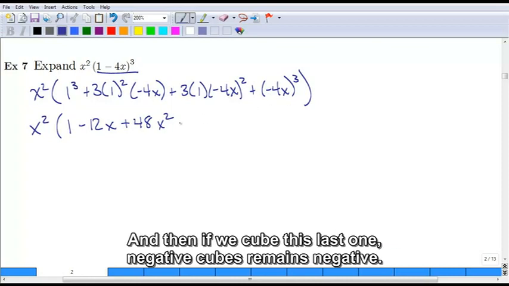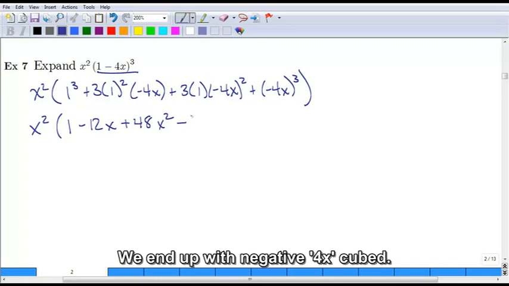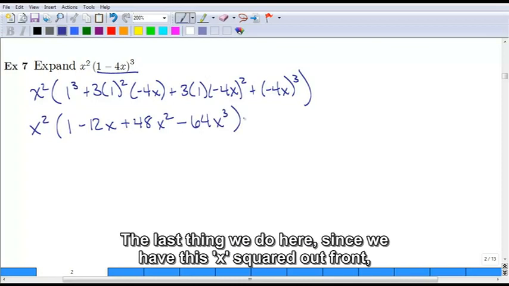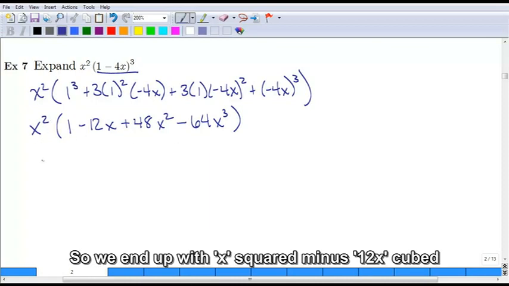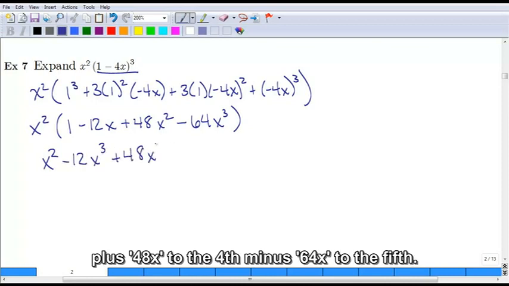And then if we cube this last one, negative cubed remains negative, so we end up with negative 64x cubed. The last thing we do here, since we have this x squared out front, is we distribute it to everything. So we end up with x squared minus 12x cubed plus 48x to the fourth minus 64x to the fifth.